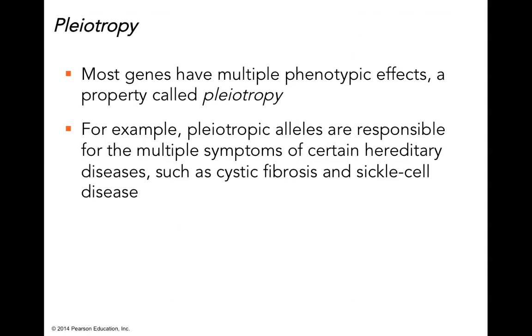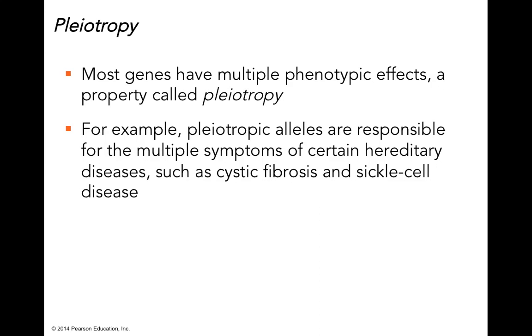Another effect of having a single gene is you can have multiple phenotypic characteristics that develop from a single gene. So one gene can have many effects on the phenotype of somebody who has that particular gene. And that's called pleiotropy.